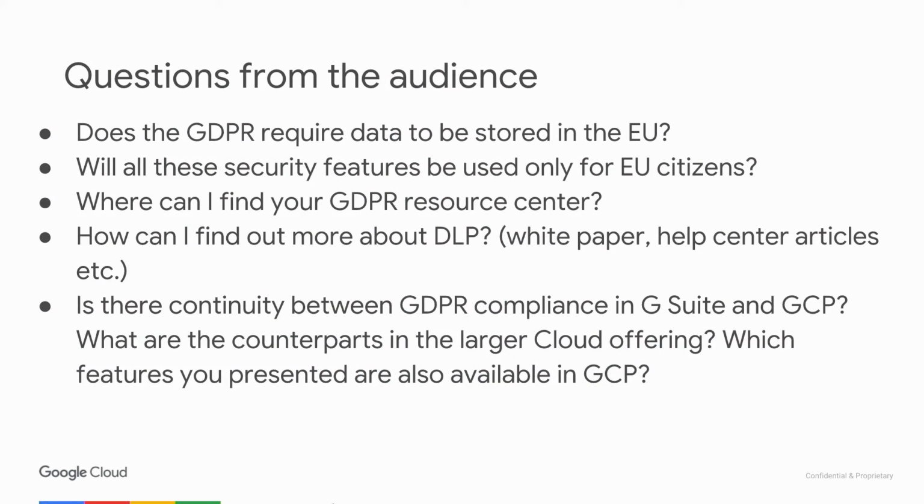But you can also just Google DLP or data loss prevention white paper, and both the actual white paper and other help center articles will pop up. The same goes for GCP. You can learn about the DLP API for GCP as well.